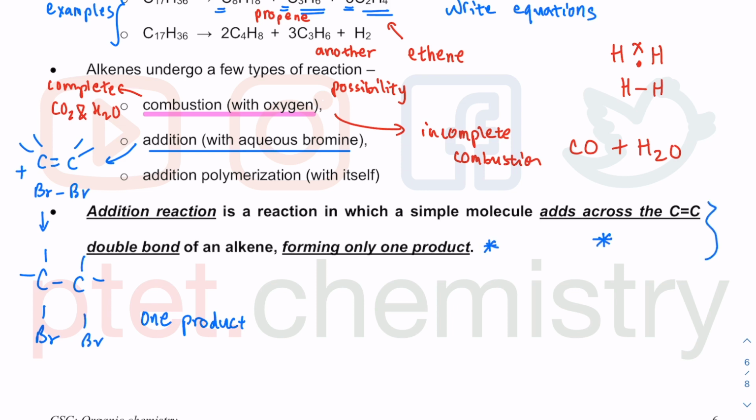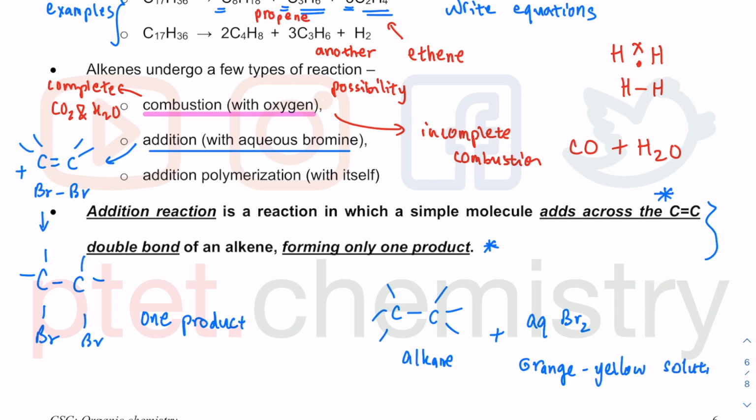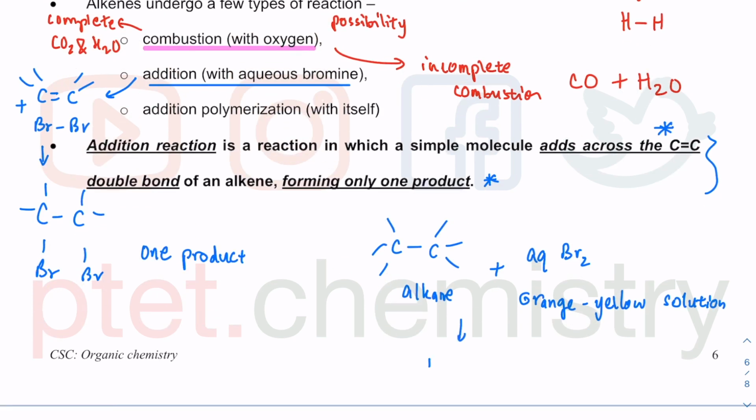As stated in the syllabus, you can only add across a carbon-carbon double bond. You cannot do this onto a carbon-carbon single bond. So if you have an alkane and you add aqueous bromine, which is an orange-yellow solution, you will not get any addition, so no reaction. If no reaction, we say it is not decolorized, because bromine is colored in solution.